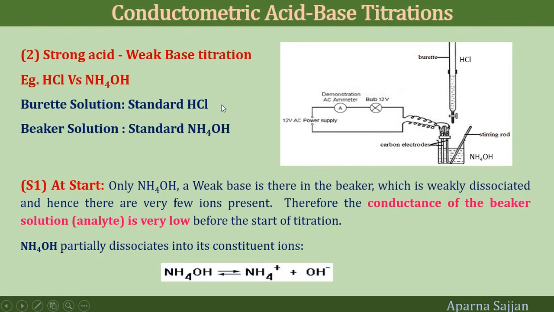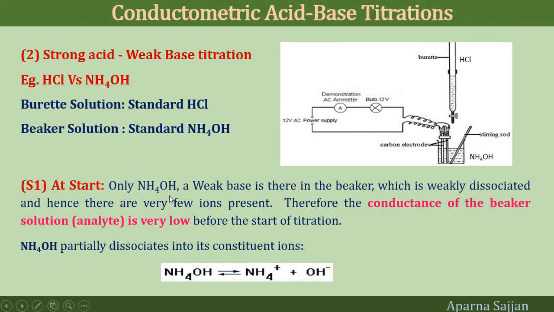Now let us begin to explain the titration, how the conductance varies as per the titration. So hydrochloric acid is taken in the burette and ammonium hydroxide is taken in the beaker. It is very important to mention the beaker solution and the burette solution.